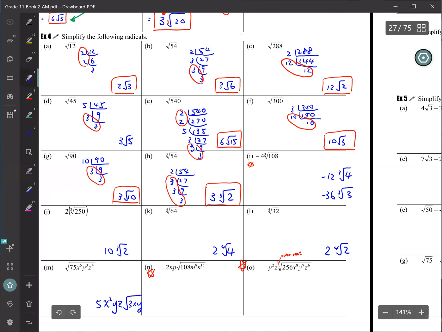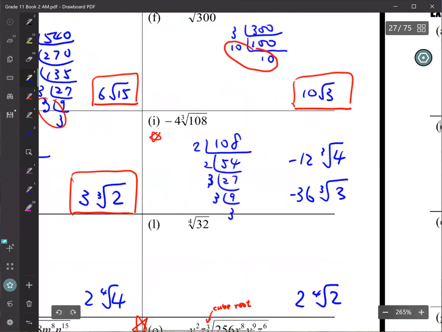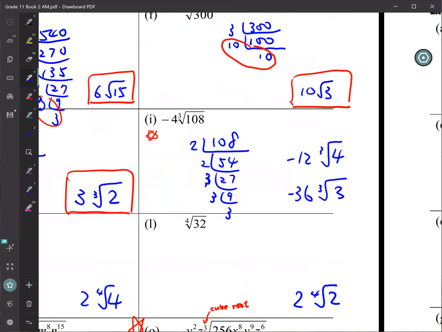So let's look at how we break down 108. So we'll start with the prime, okay? So 2 will be 54. Oh, 54, and we saw it the third time today, right? So 2, 27, 3, 9, 3, 3. This is a cube root, okay? I hope you didn't confuse it with the cube, right?